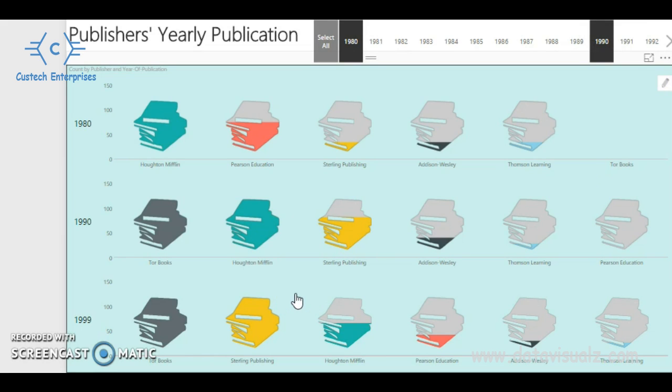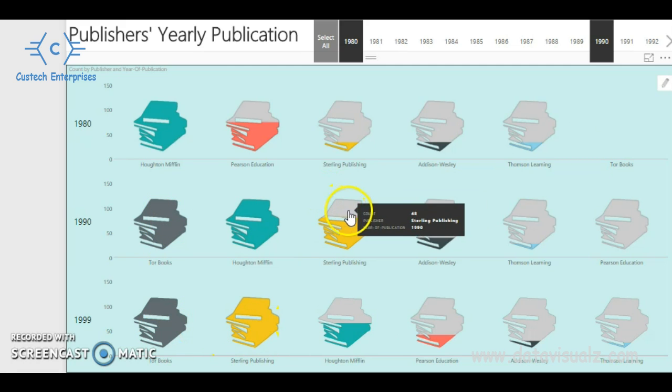now here you can see the filters are there, but I can clearly see different colors for each publisher. And I have applied the filter 1980, 1990, and 1999. So I can clearly see that Houghton Mifflin is moving downwards in terms of number of publications on a yearly basis. Whereas Tor Books was nowhere in 1980. In fact, it was the last, but now is the market leader in terms of number of publications.